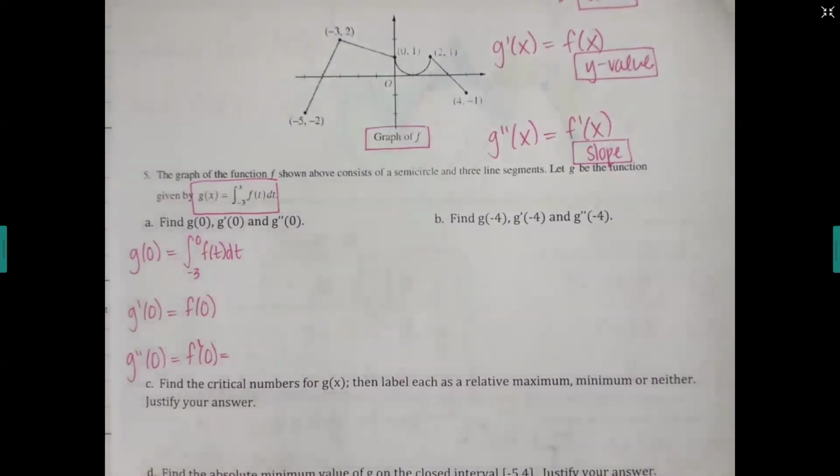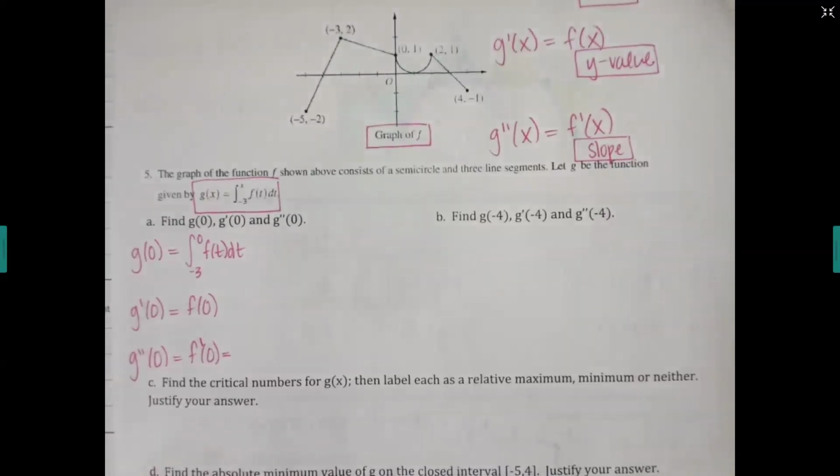All right, so let's get started. So put G of 0 equals. And then remember, whenever you're doing G, you're putting T. Yes, it's called T. Okay, so then from here, you're going to shade starting at negative 3.